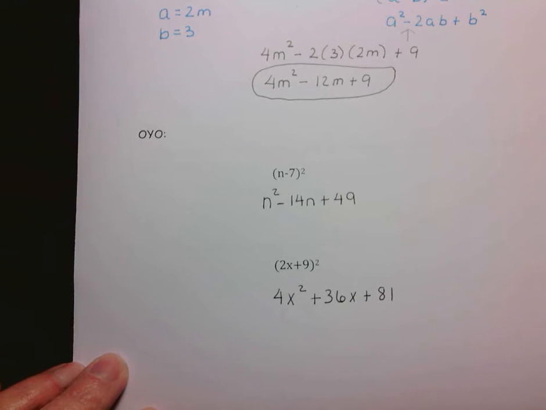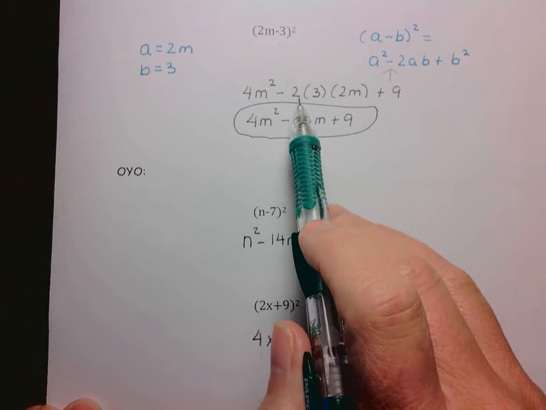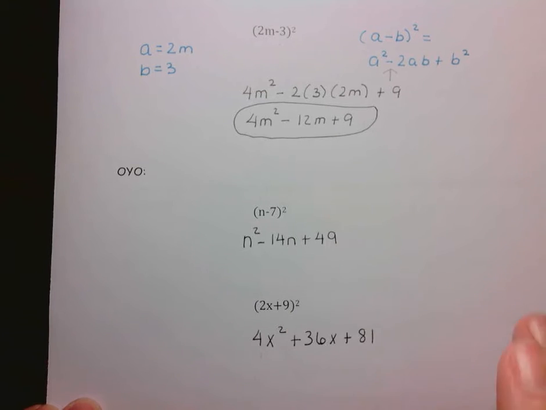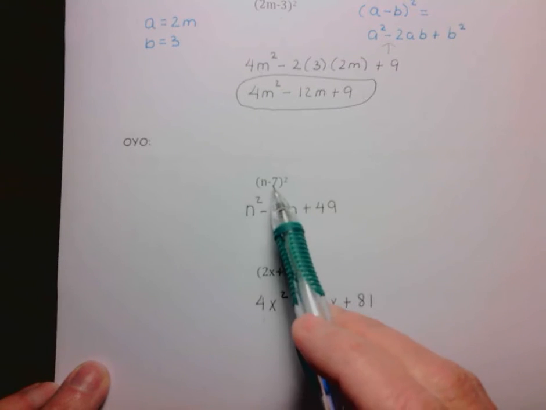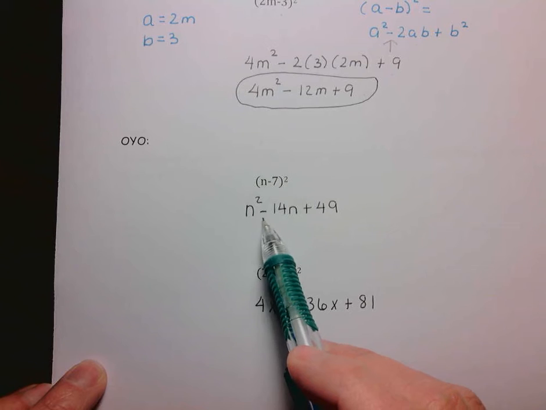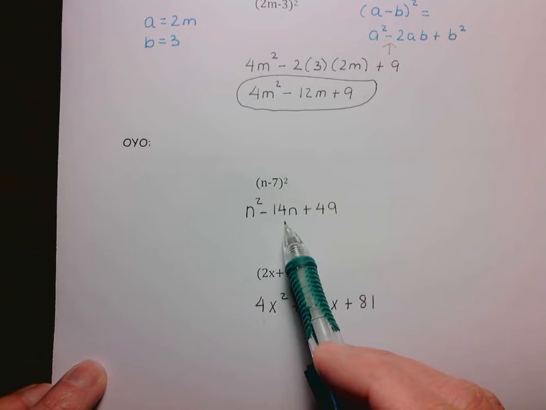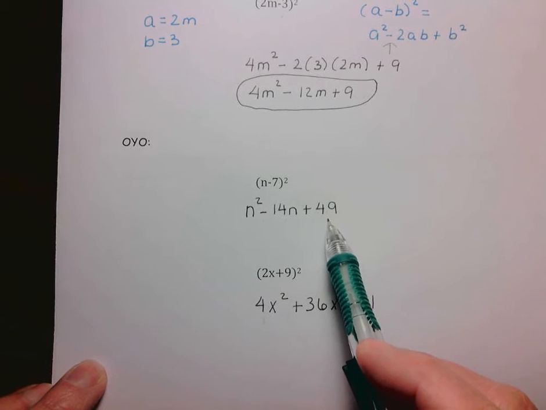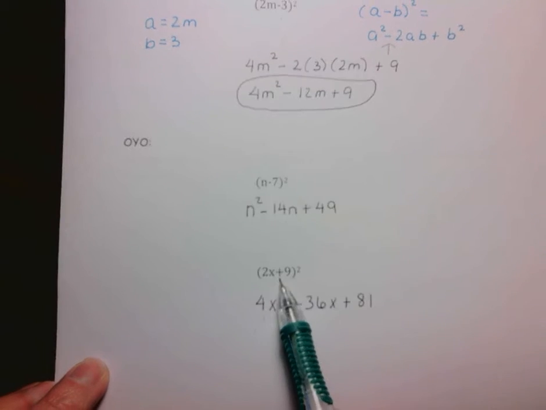But right now, if you need to write it out a little bit more than this, that's fine. If you need to actually write down the 2ab right now, that's fine. But what did I do? I said, well, I know this is negative, so I need to put the negative sign here. It's a minus. So what is this? a squared minus 2ab, 2 times 7 is 14, plus b squared, 49. Here, a squared, this is plus, so this is going to be a plus.